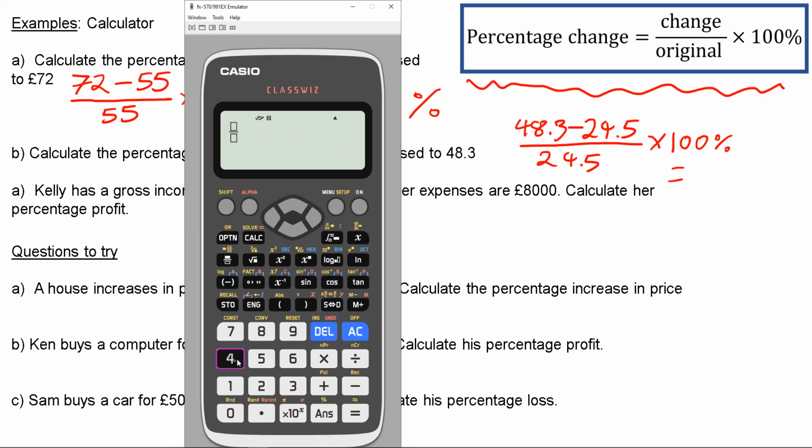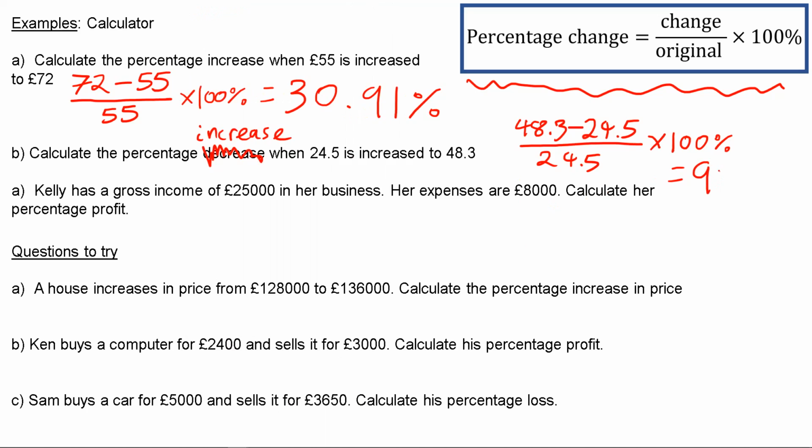So we have 48.3, take away 24.5, divided by 24.5, and then you just times all of that by 100%. This gives you 97.14% as the percentage increase.